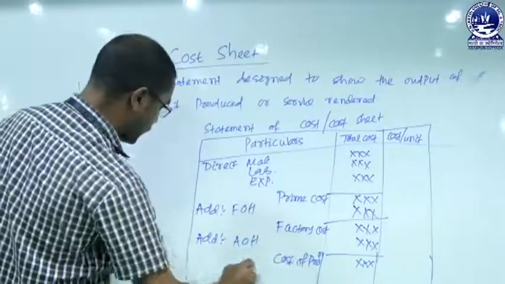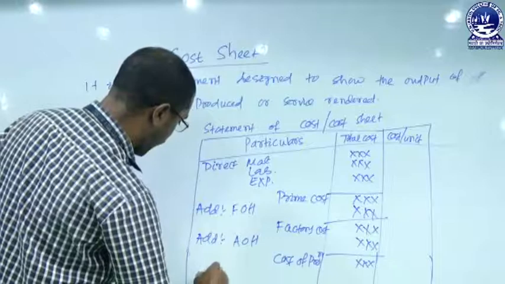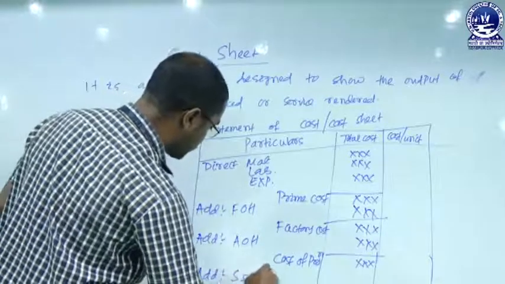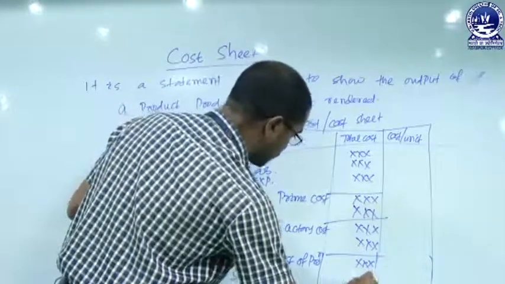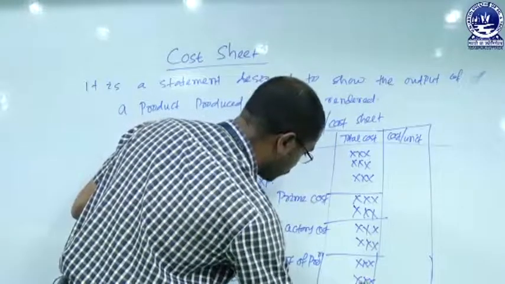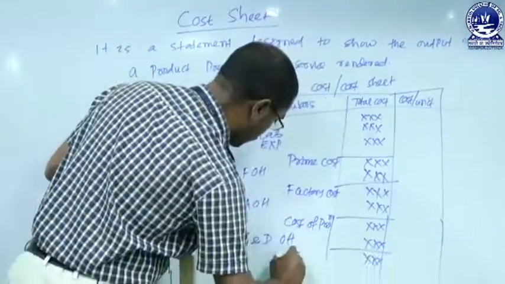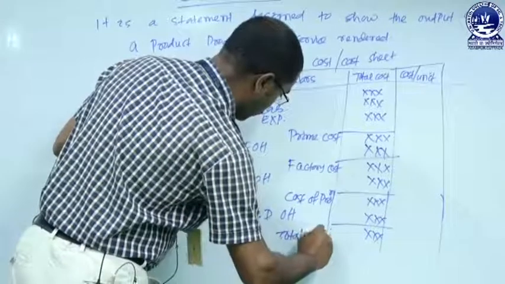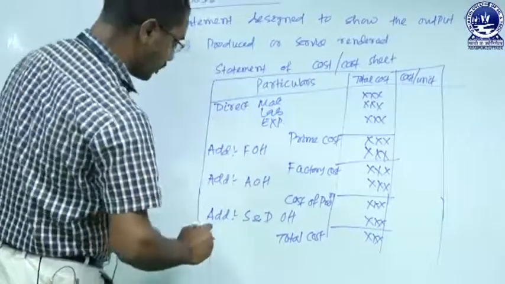And in addition to cost of production, when we add selling and distribution overhead, this represents the total cost, or it is otherwise called cost of sales.